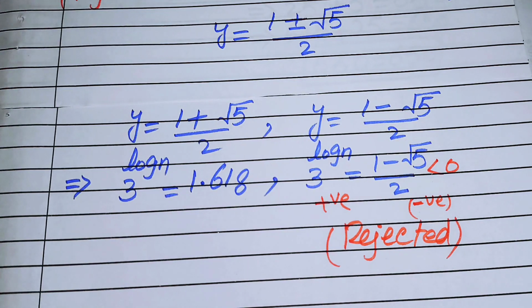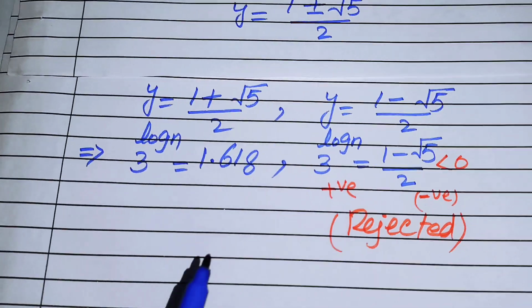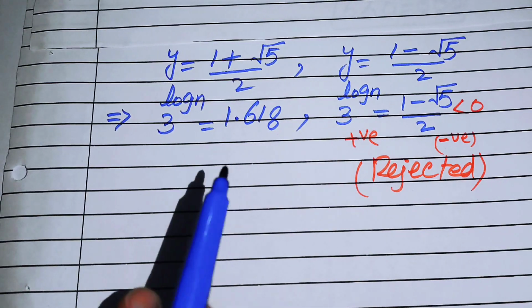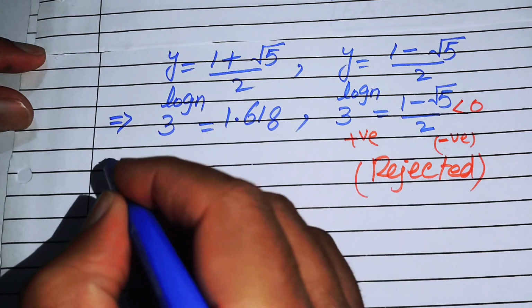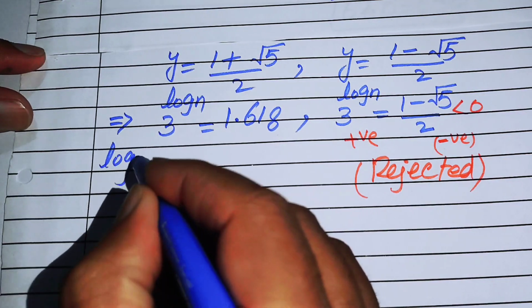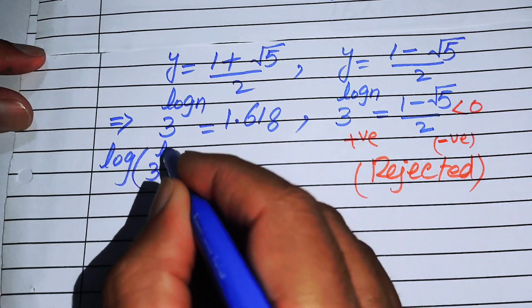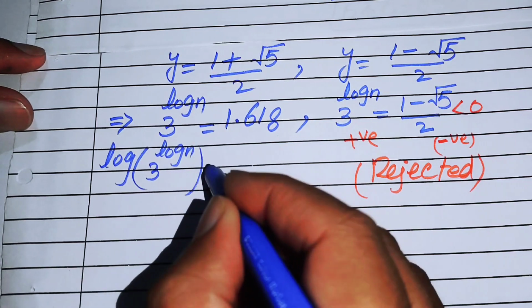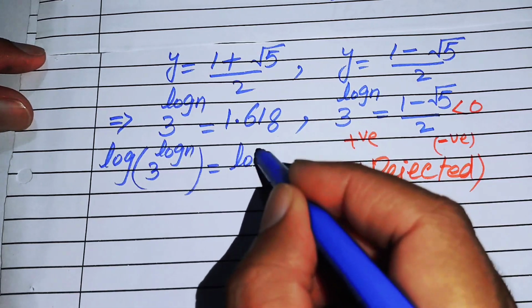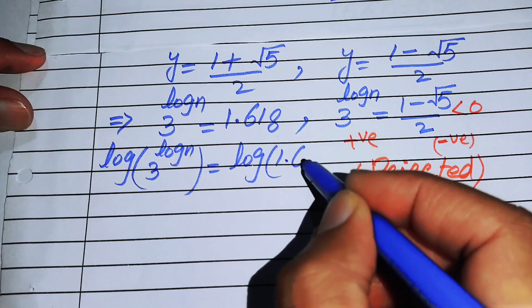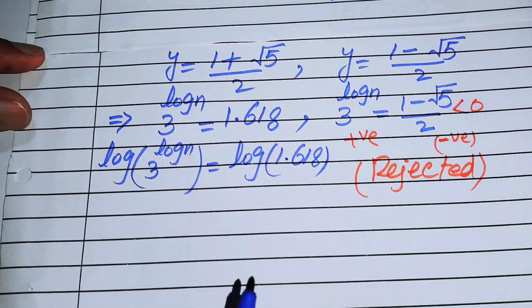So in order to find the value of n, we will just take log on both of the sides. So when you take log on both of the sides, you will get log of 3 to the power of log n equals log of 1.618.